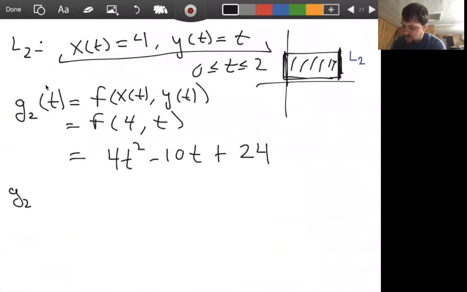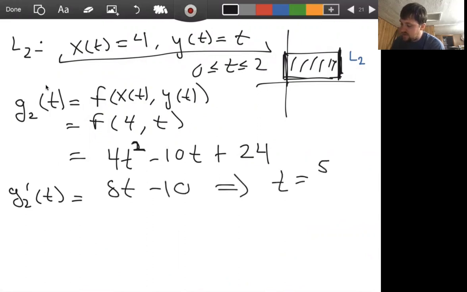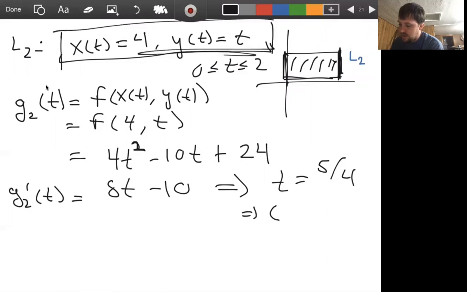When we want to find the derivative, here we get 8t minus 10, which tells me that t is 5/4. And when t is 5/4, you come back up to the parameterization and plug in t.